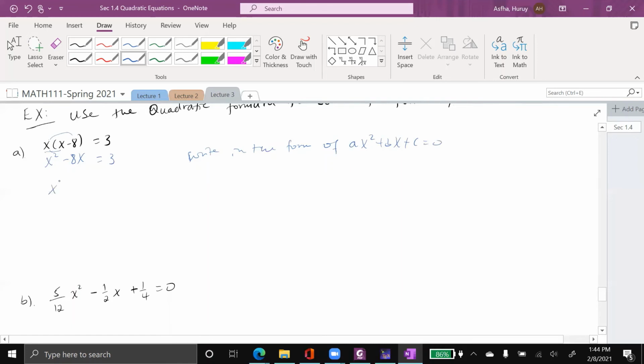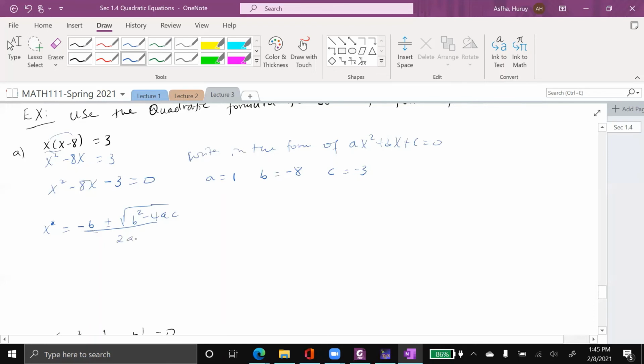In that form, it becomes x squared minus 8x minus 3 equals 0. Now, what is our a? Our a is 1, our b is negative 8, and our c is negative 3. So using the general formula, x is negative b plus or minus the square root of b squared minus 4ac over 2a.